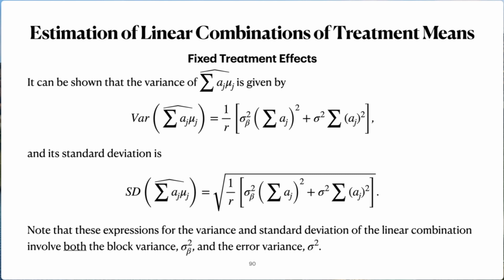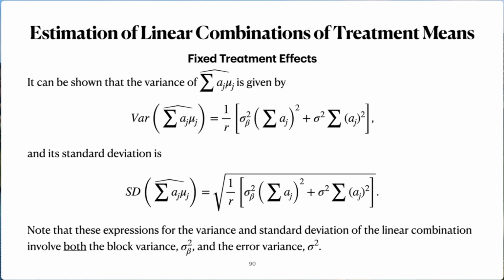Now, certainly, if it turns out that the linear combination is a contrast, then you can tell by these expressions that this would reduce to something that involves only sigma squared. Because in that case, the sum of the coefficients, the sum of the a sub j's, would be 0. This whole term here would cancel out. And so we'd be back in the simpler framework when we were looking at contrasts.